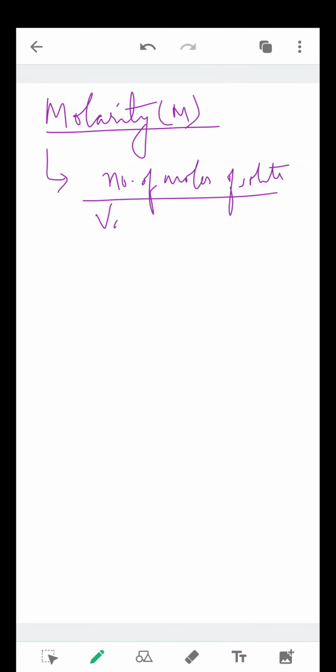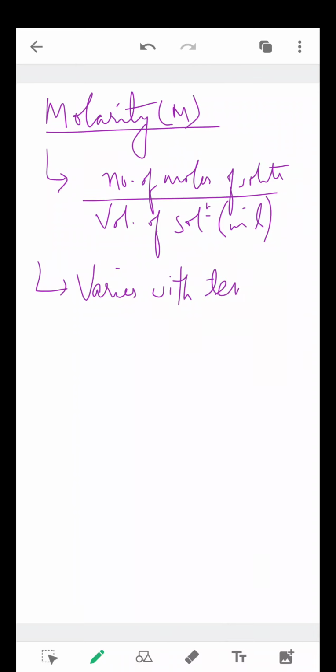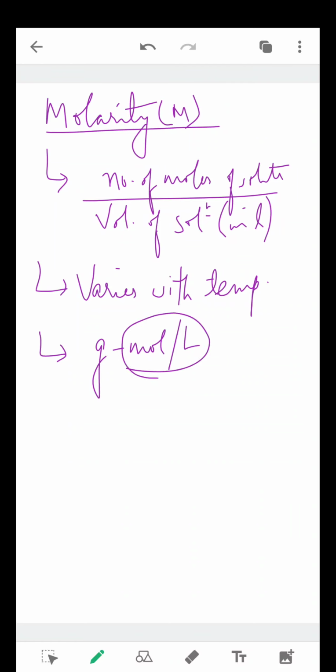Molarity varies with temperature due to change in volume of the solution. Always remember, molarity varies with temperature. The unit of molarity is mole per liter.